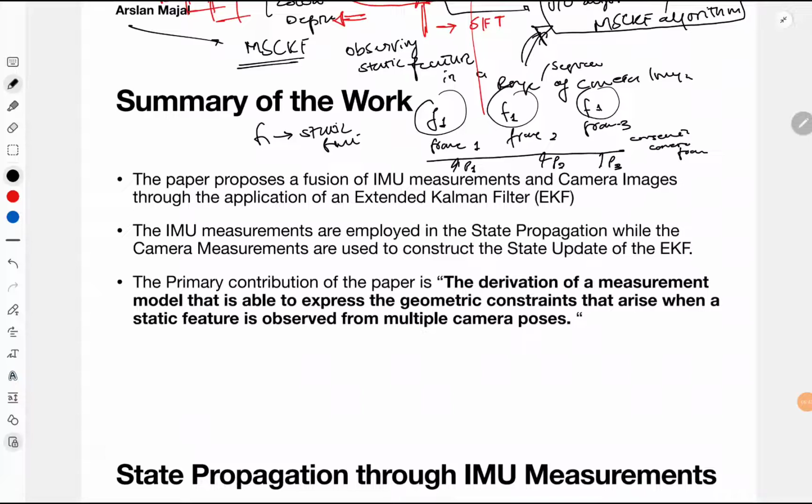So it is a sensor fusion. You are fusing data from the IMU with the camera.